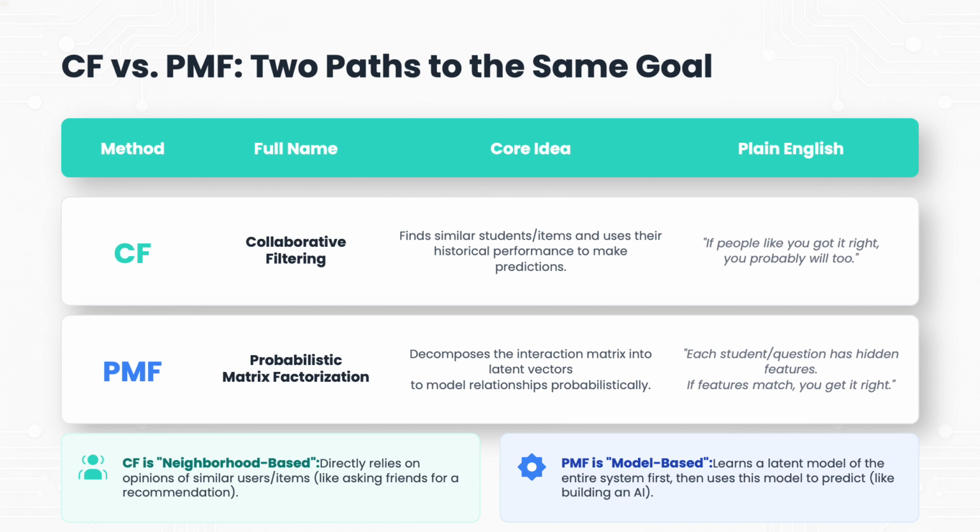It's a model-based approach. Instead of just looking at your neighbors, PMF first tries to learn a fundamental model of how the entire system works by finding those latent vectors we talked about. The key takeaway is that CF is like asking your friends for advice, while PMF is like building a sophisticated AI that understands the underlying patterns of taste and ability for everyone.